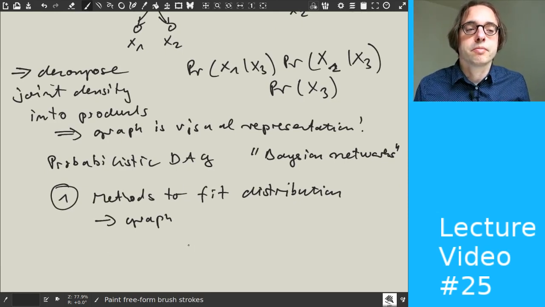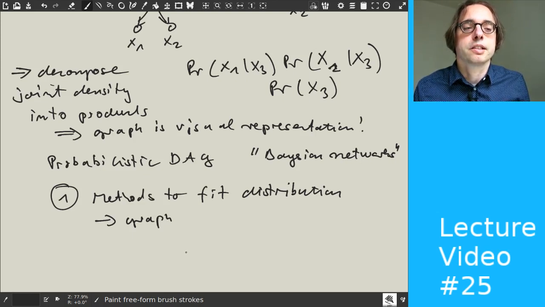But the problem with graphical models is that the more variables you have, the more complicated the whole thing becomes. In fact, the whole reason we use graphical models is to simplify this process, because by imposing some structure, we can simplify the problem.